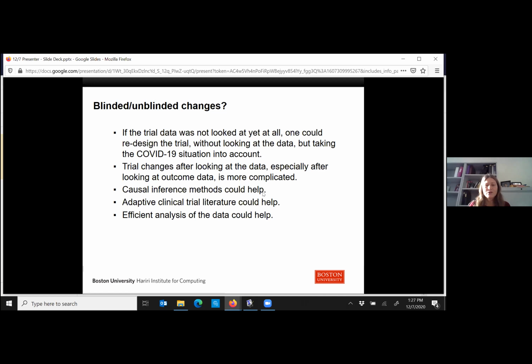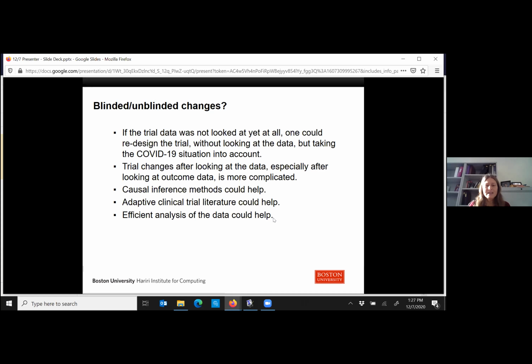In general, whether or not you looked at the data beforehand, causal inference methods could help, in particular when data collection is interrupted by the COVID-19 situation. There are also some adaptive clinical trial results already available in the adaptive clinical trial literature, and I will go over some that may be particularly useful in this era of COVID-19.